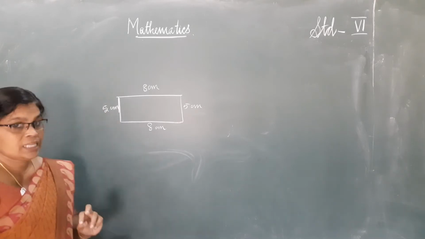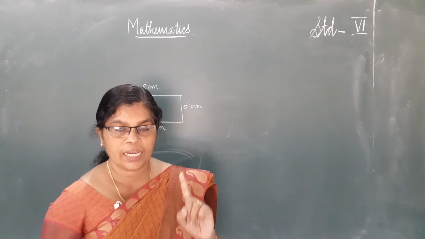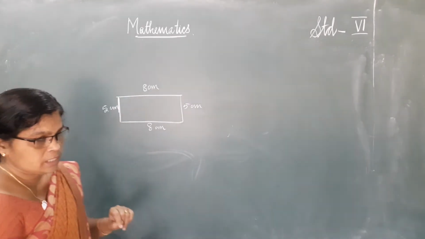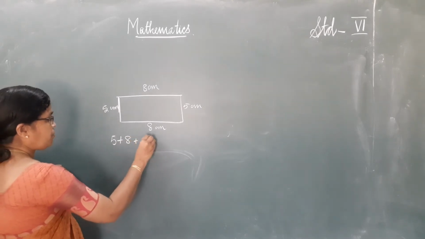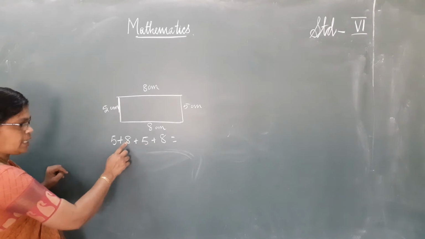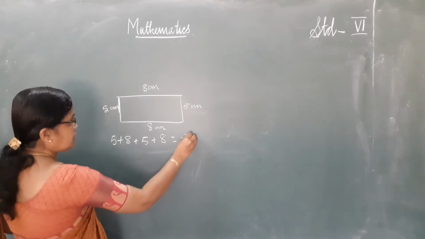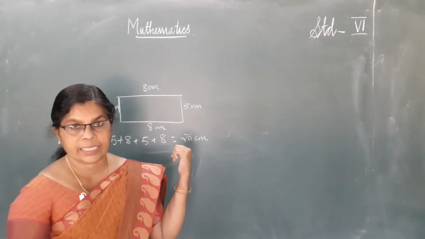Perimeter is the sum of the length of the boundary. Let us find that: 5 plus 8 plus 5 plus 8. That's equal to 5 plus 5, 10, 18, then 26 centimeter is the perimeter of this rectangle.